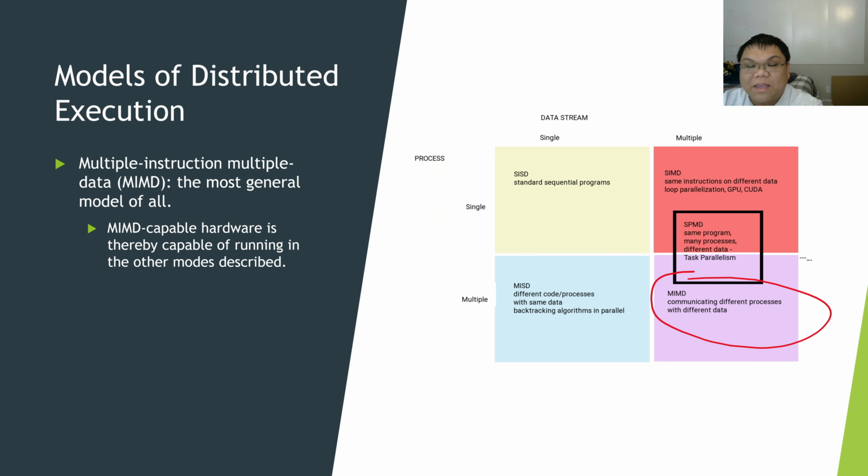Each computer connected is doing something else on some other data. It's like if you wanted to play Minecraft on one computer, but you also wanted to do data science on another computer, which is what I've done.